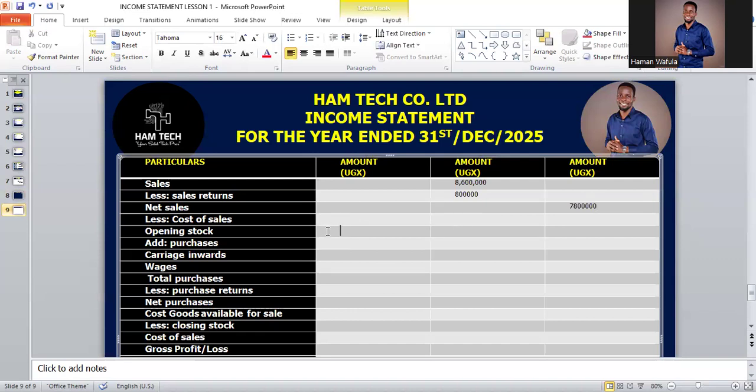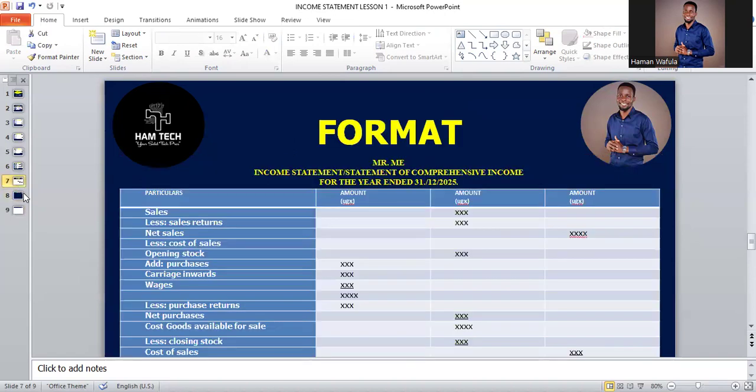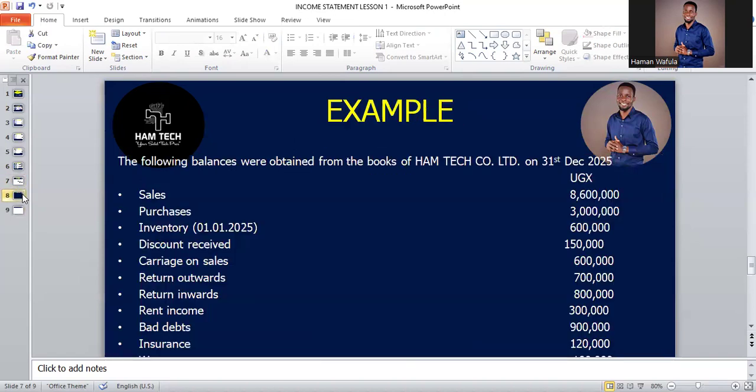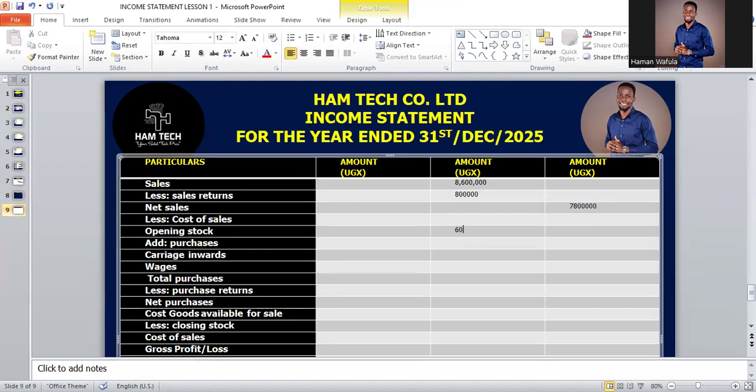So cost of sales equals opening stock. Remember we are looking for net purchases, because cost of sales equals opening stock plus net purchases minus closing stock. Our opening stock is 600,000. Write it in this column.